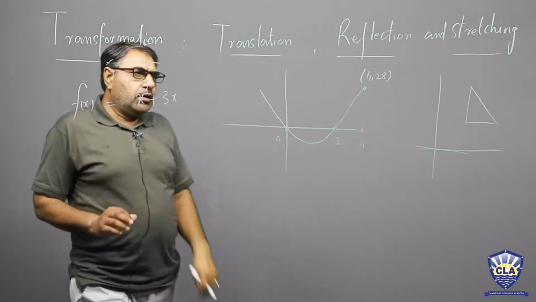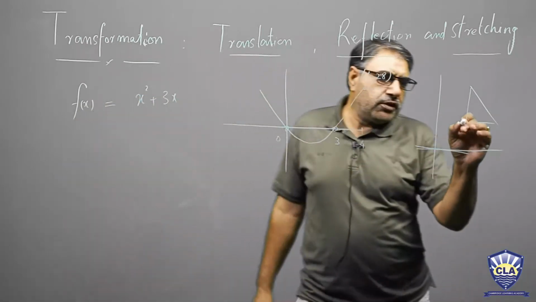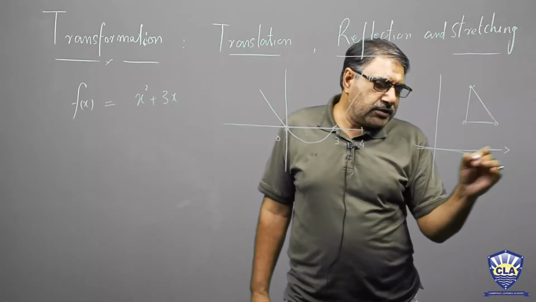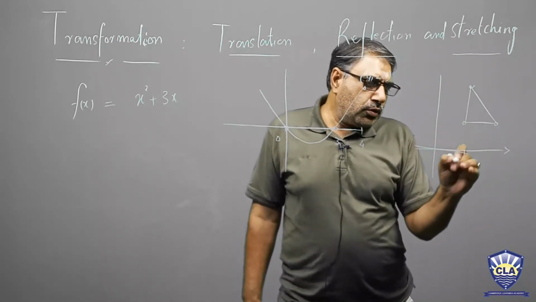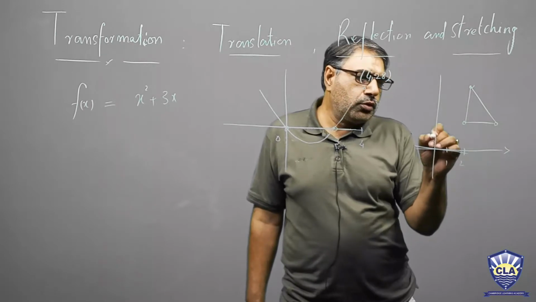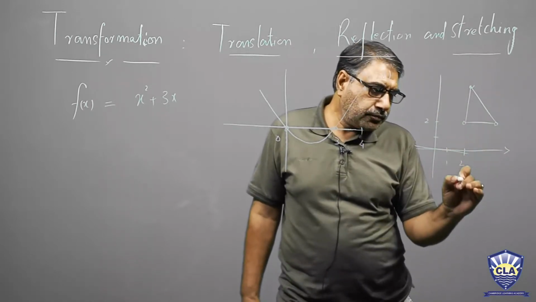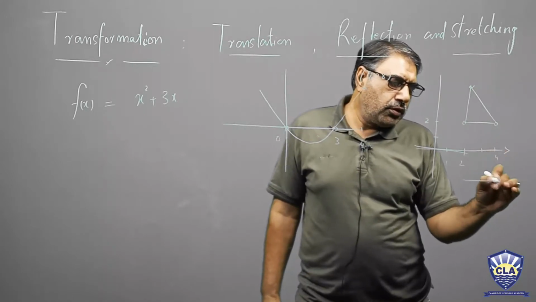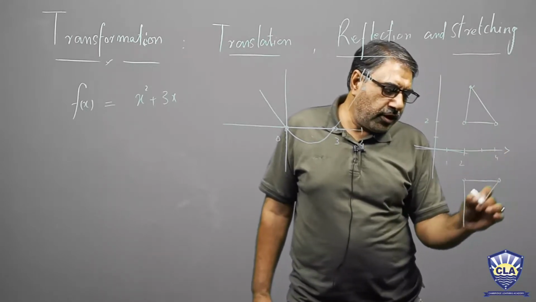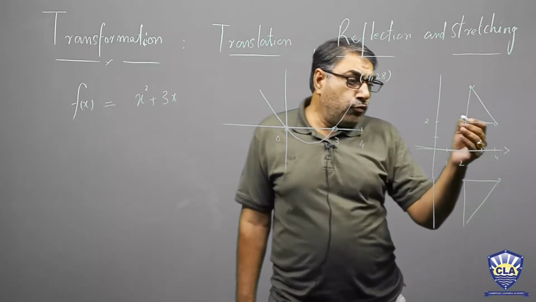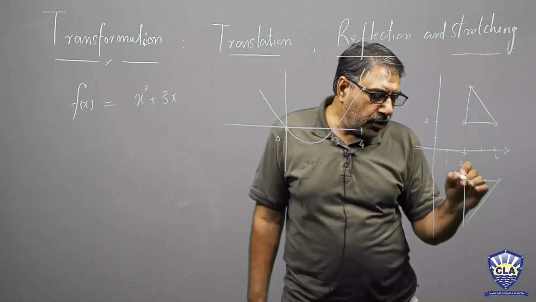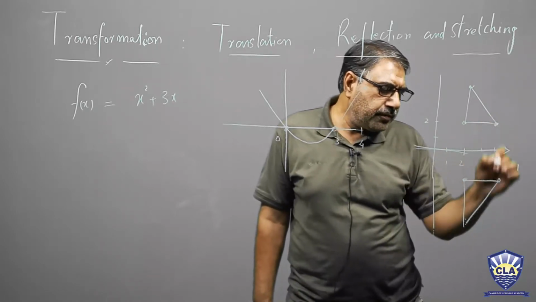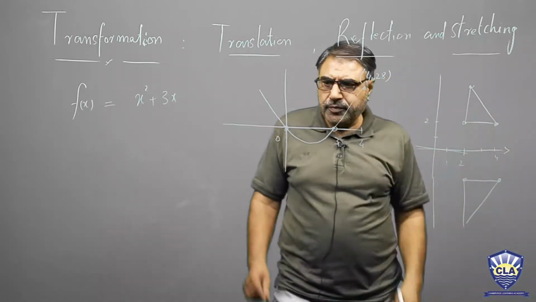In O levels, when a triangle is reflected in the x-axis, let us suppose, this point is 1, 2, 2, 3 and 4. This triangle is reflected. Actually, we reflect a point, then mark another point. It is an object and it is an image. यही तरतीब हमने यहाँ पे रखनी है.